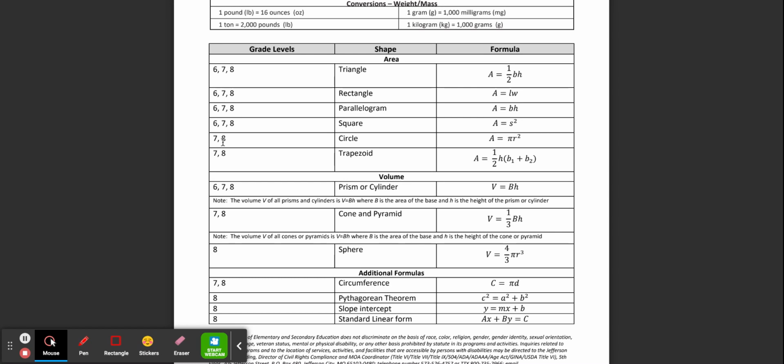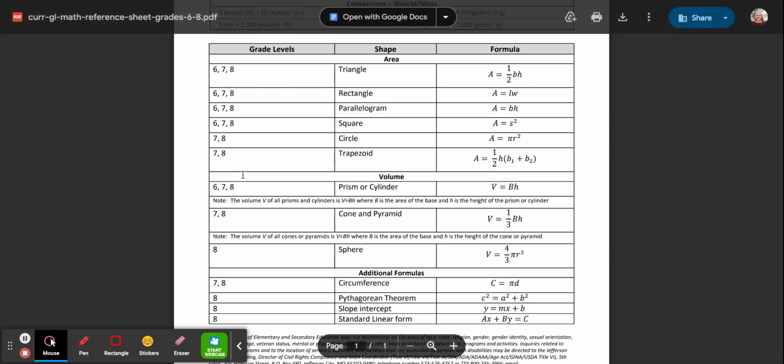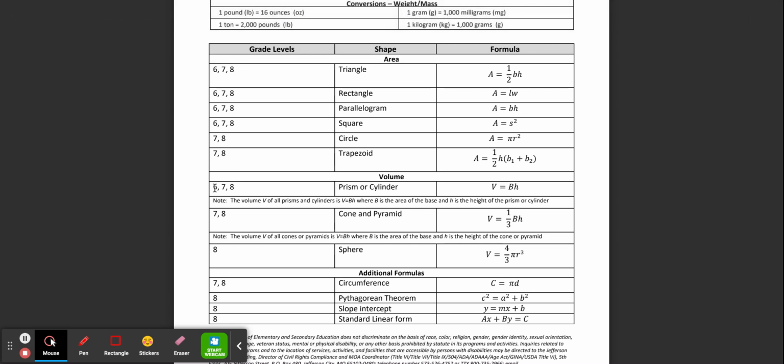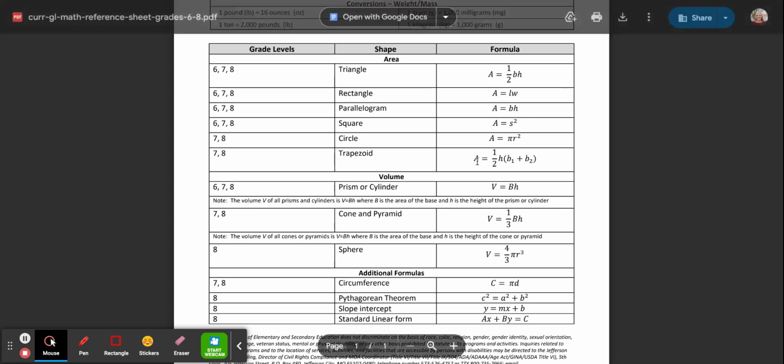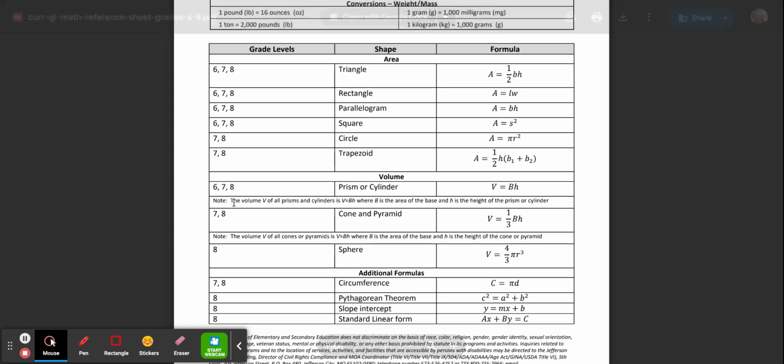It's not mentioned for the area of a circle or a trapezoid because we did not do those this year, so you will not have to worry about these two formulas during your testing. It is mentioned again for the volume of a prism or a cylinder, and we can also use this for a pyramid.